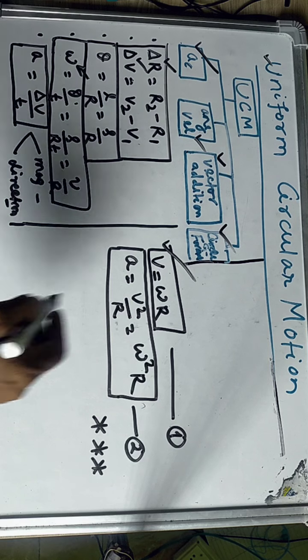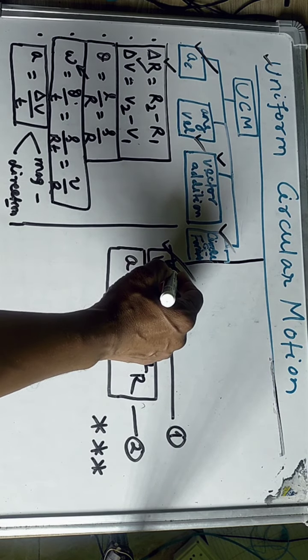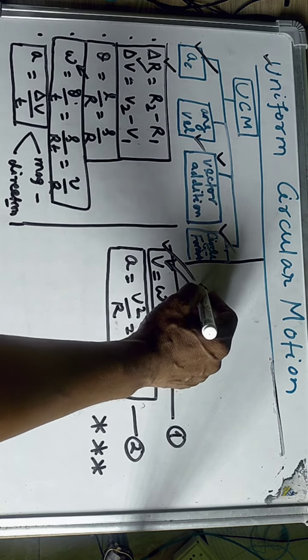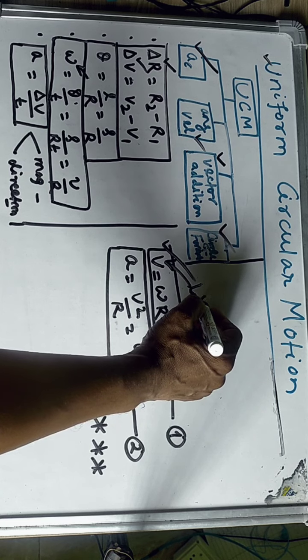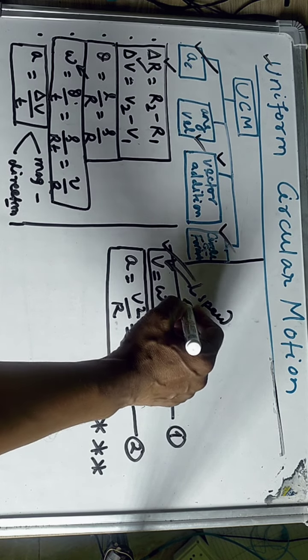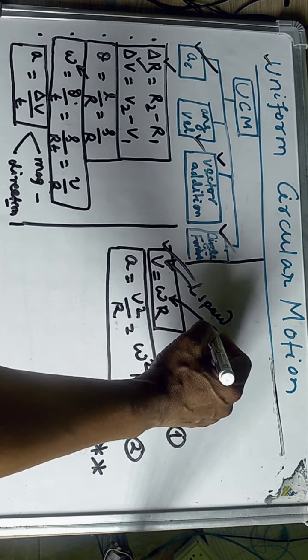That is the relation between linear speed or velocity and angular speed or velocity. v is the magnitude of linear velocity and omega is the magnitude of angular velocity.